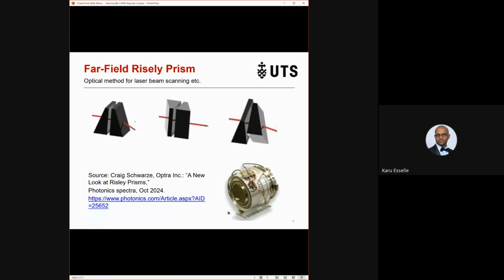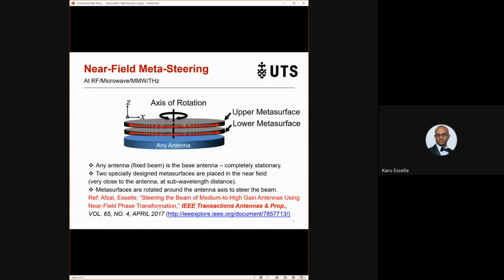So if you go back to the previous figure, this antenna mimics the laser source, the first metasurface, the lower metasurface, mimics the first prism. So it's a flat prism, and the second one mimics the second prism. It's another flat prism. So what we need are two flat prisms, and the source is the RF antenna.